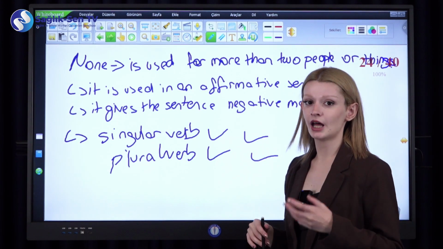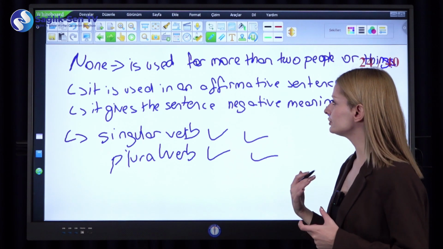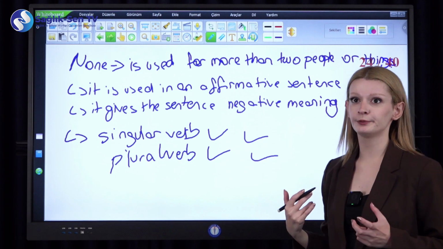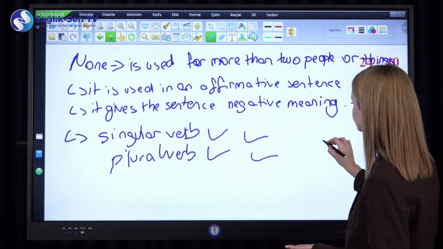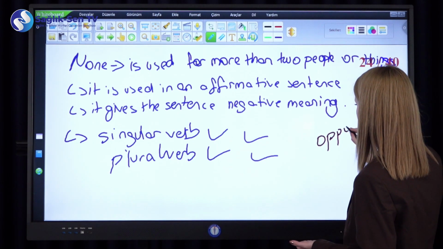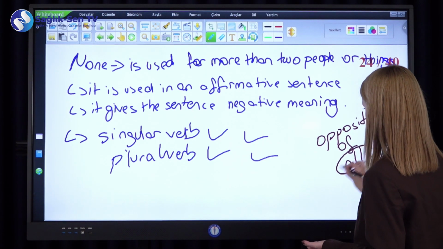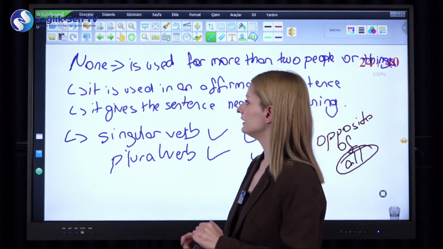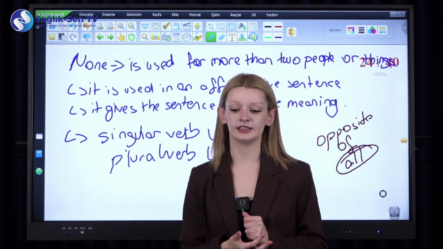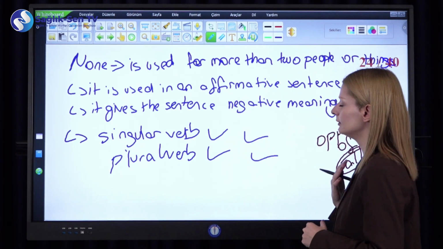When it comes to none, it is used for more than two people or things. It's the opposite of all. It is used in an affirmative sentence, but it gives a negative meaning.